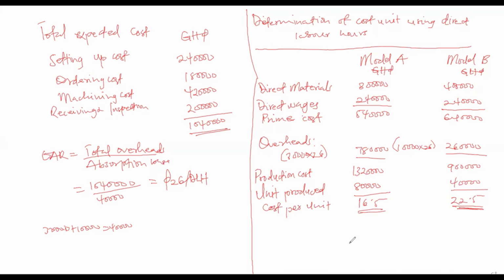Now let's move to the activity-based costing. When it comes to activity-based costing, that is where the overheads have been grouped into activity or cost groups.